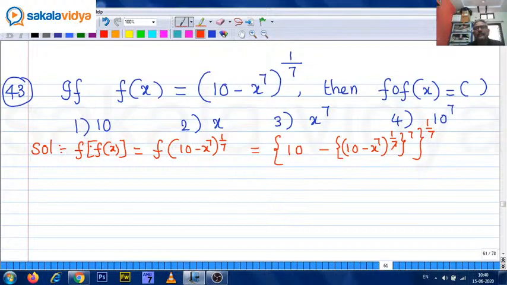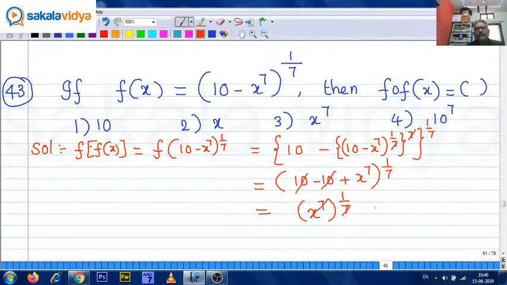This 7 gets cancelled. We have 10 minus 10 plus x to the power of 7, and whole to the power of 1 by 7. 10 gets cancelled. (x to the power of 7) whole to the power of 1 by 7 is x.